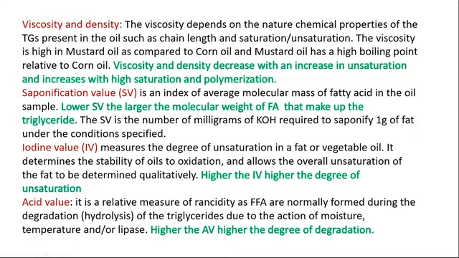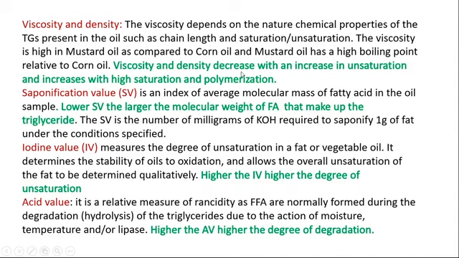So let's look at viscosity and density. Viscosity depends on the amount of saturation and unsaturation. Apparently, if you look at mustard oil and compare it with corn oil, mustard oil is much more viscous than corn oil.